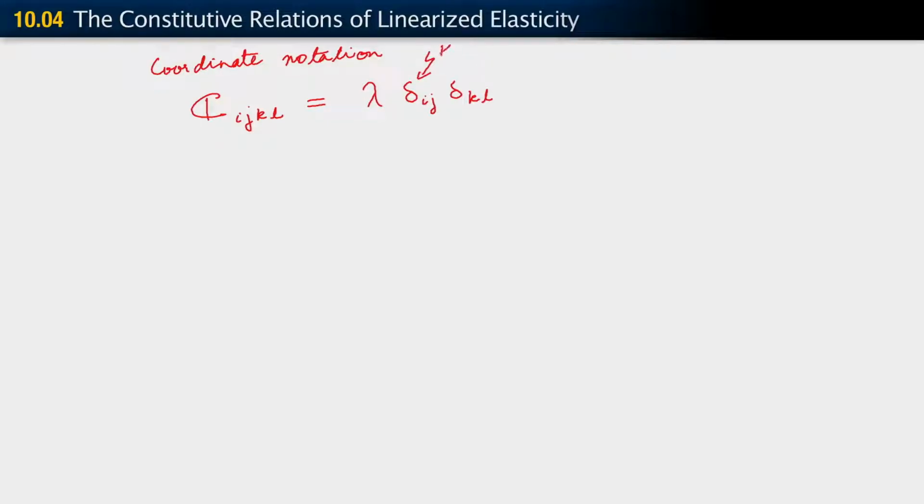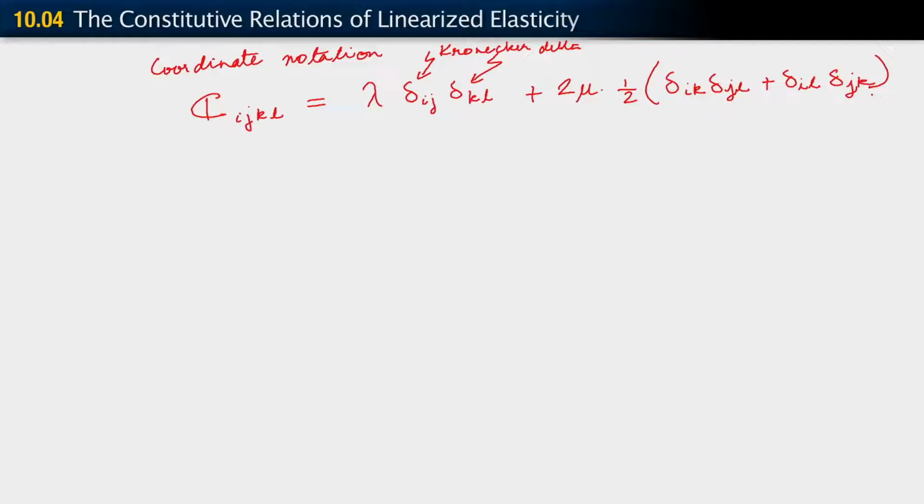Kronecker deltas. And of course this one too. So we have that plus 2 mu times 1/2 delta ik delta jl plus delta il delta jk.